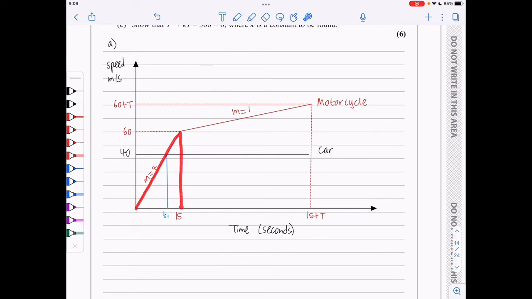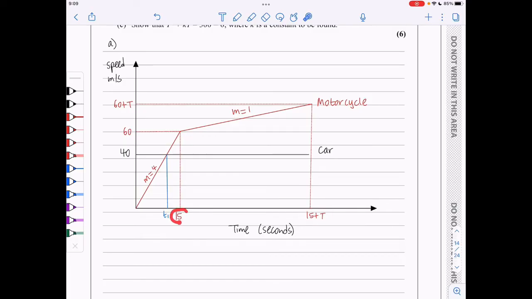So if I just use rise over run, I see that this must be 60, because 60 over 15 is equal to 4. And then we've got an acceleration of 1 meter per square second, so certainly a less steep line here for the next capital T seconds.